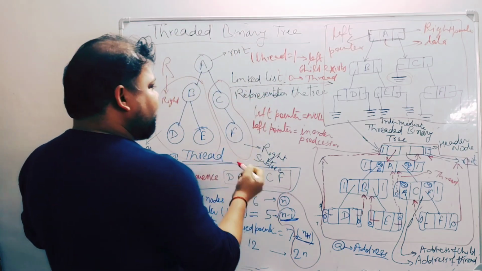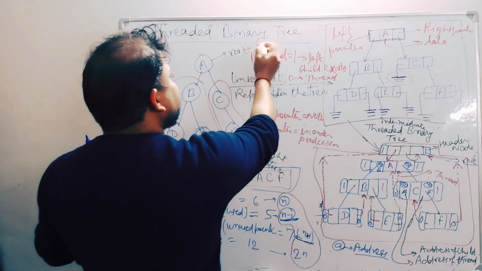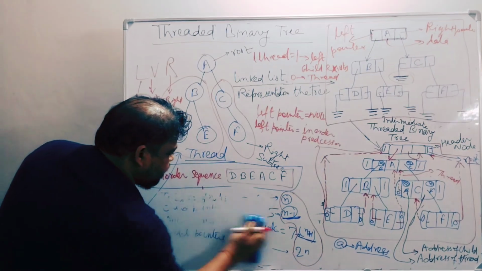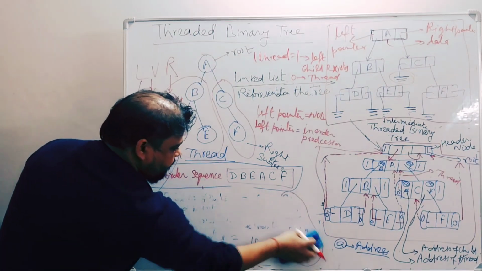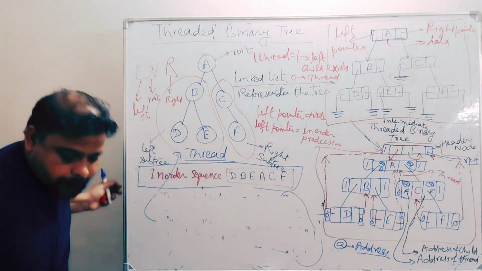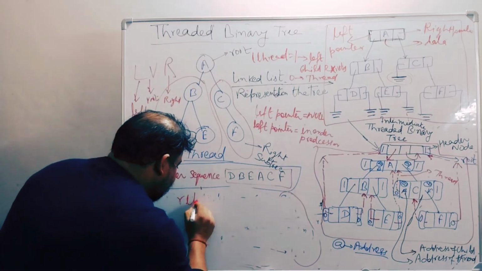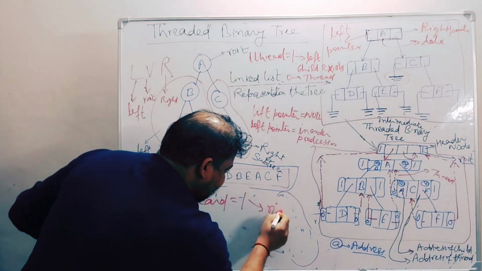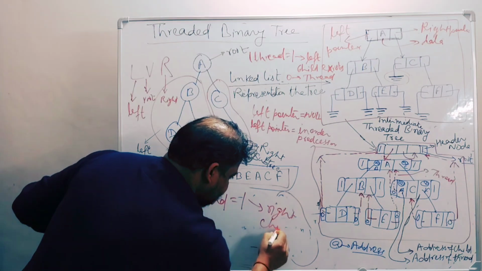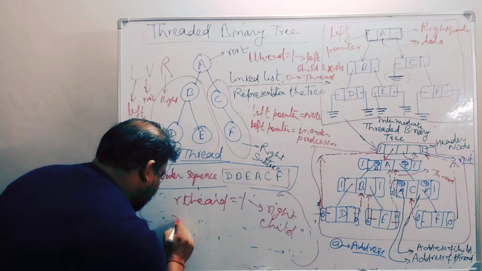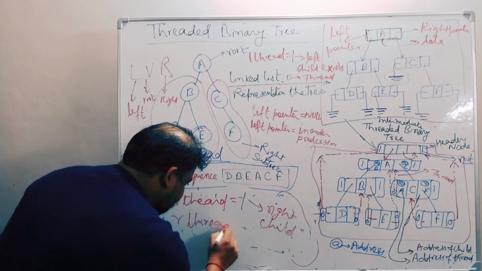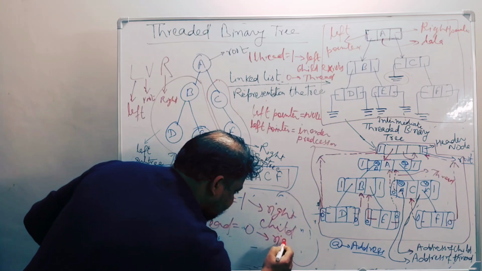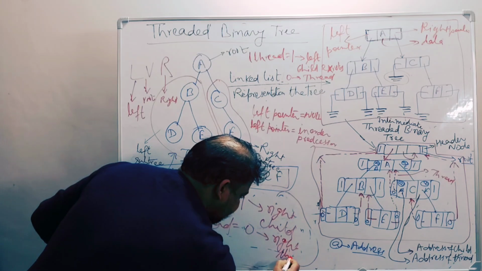Similarly, for the right thread: if R thread is equal to 1, that means right child, and if R thread is equal to 0, that means it is a right thread.